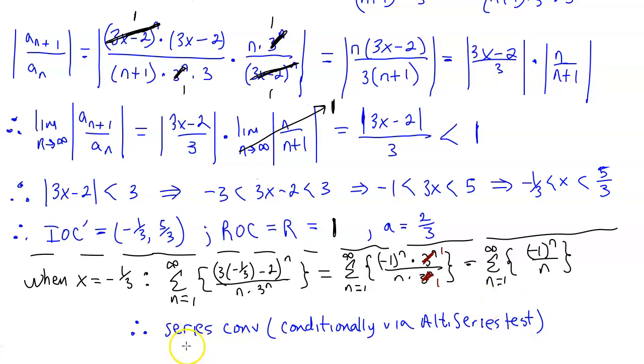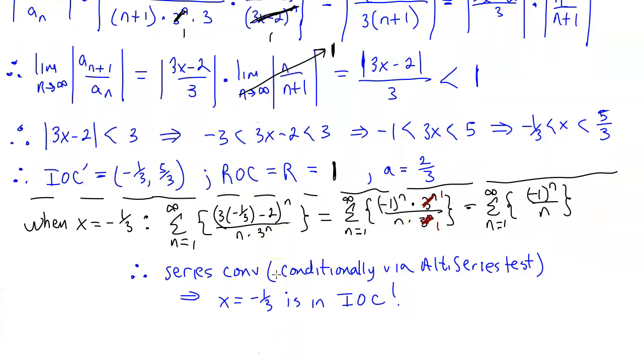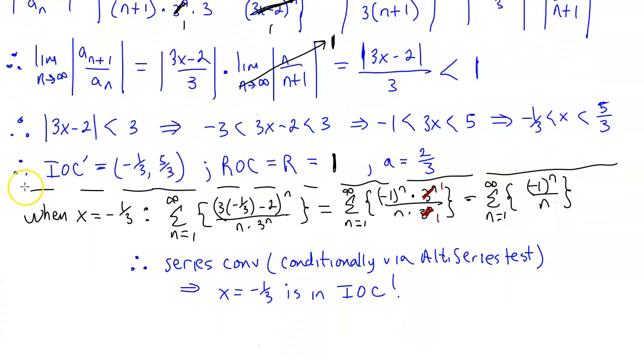And what that means for us is that this value of x equals -1/3 is in our interval of convergence. Now we need to figure out what happens when x is equal to +5/3.